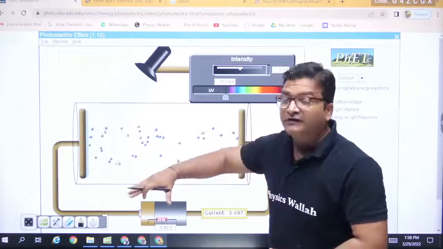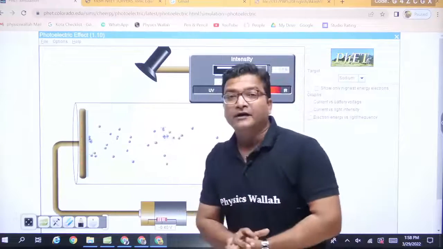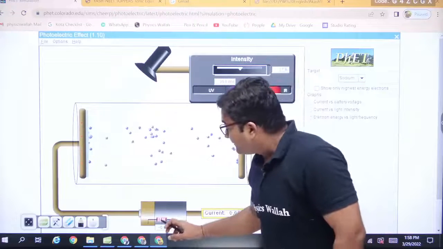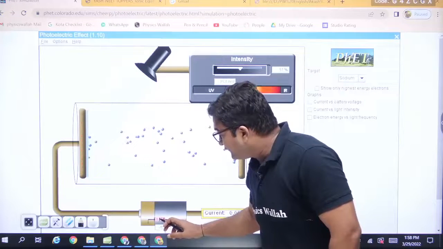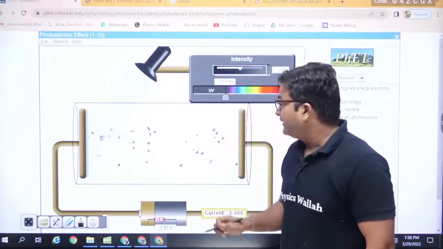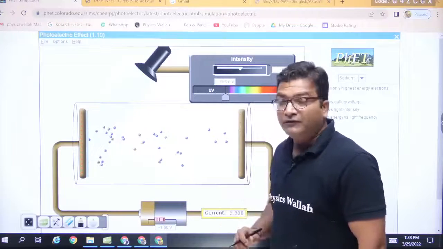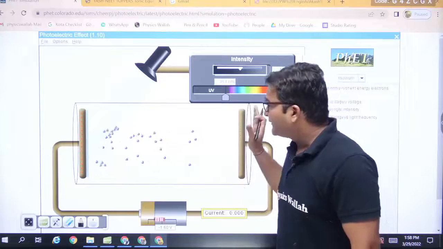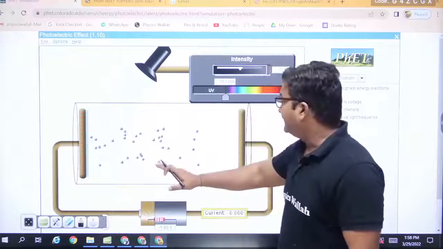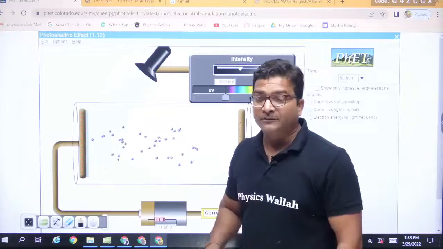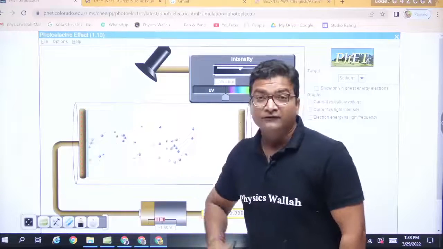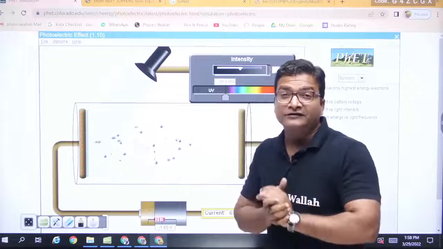So electrons circulating in this circuit are decreasing, so current must decrease. And if you further increase the negative voltage of anode, what happens? At some value of voltage, even the fastest electrons do not reach anode and they all go back. Obviously the complete circular flow of the electrons has stopped and the current is stopped.